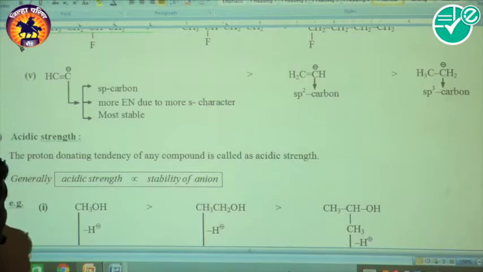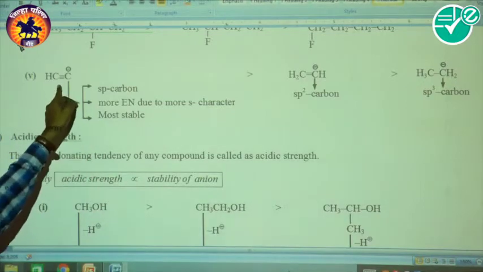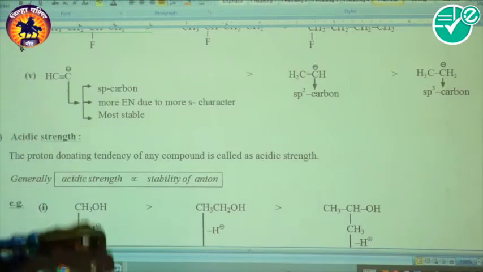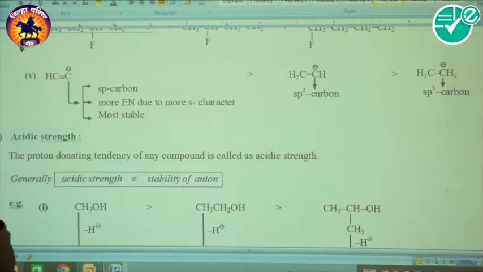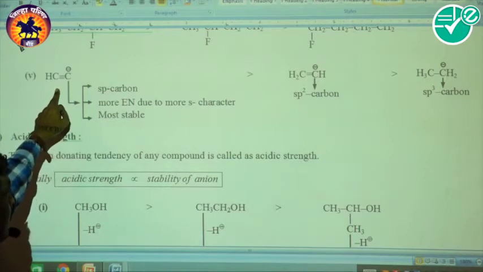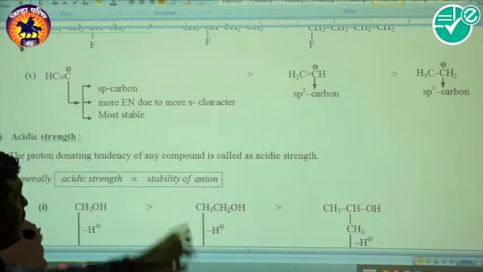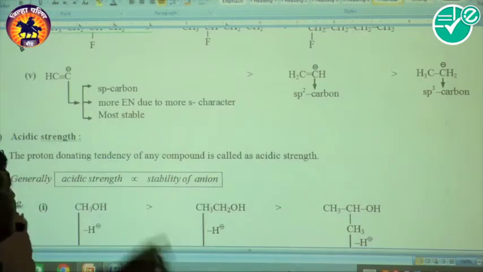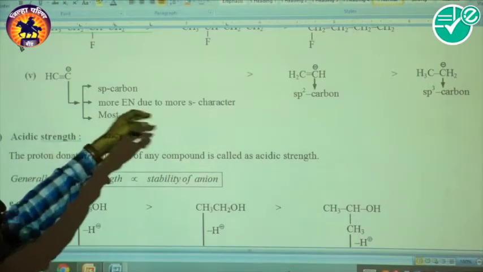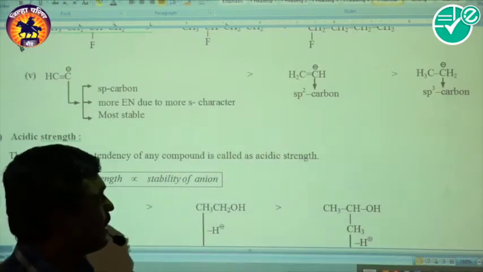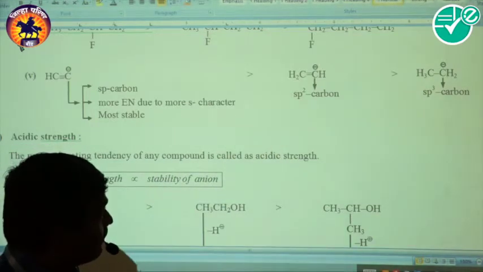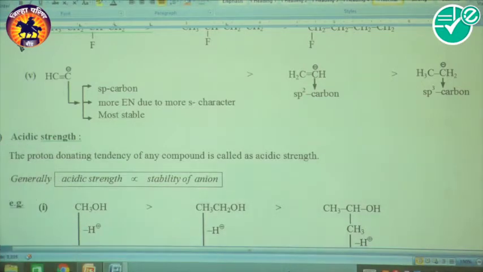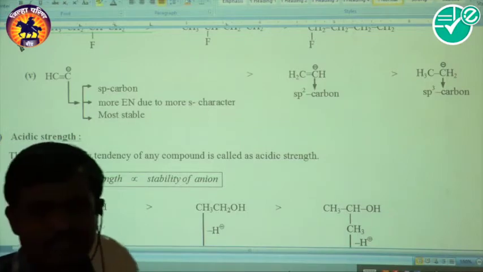So we observe that for the carbanion, the stability of the sp hybridized one is more, because it is more electronegative due to the more s character. The sp2 carbon is less stable than that, and sp3 is again less stable.